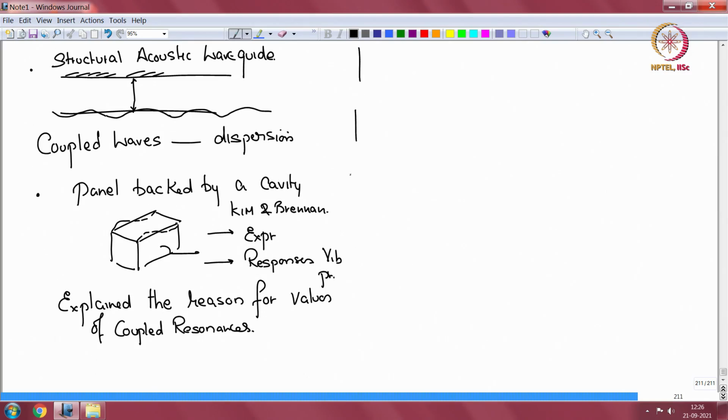And this was followed by plate radiation. Plate is set in a baffle, and harmonically excited.